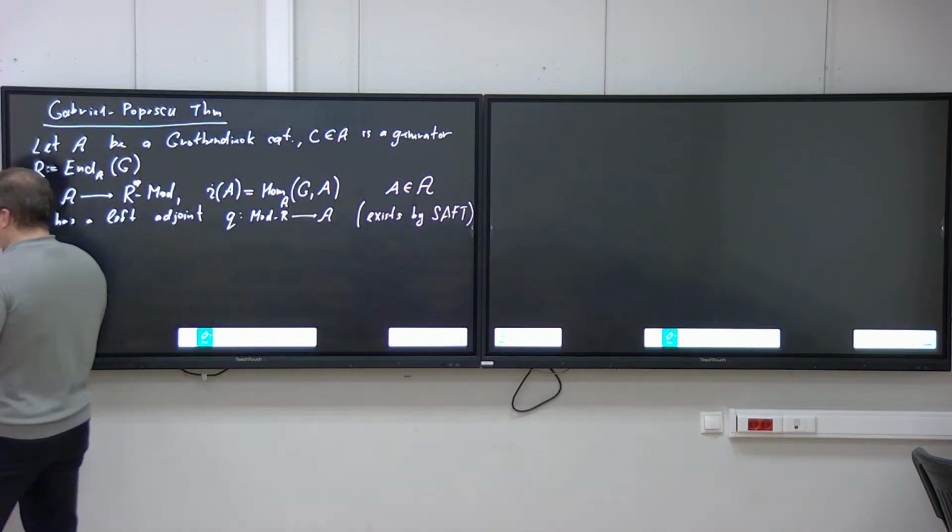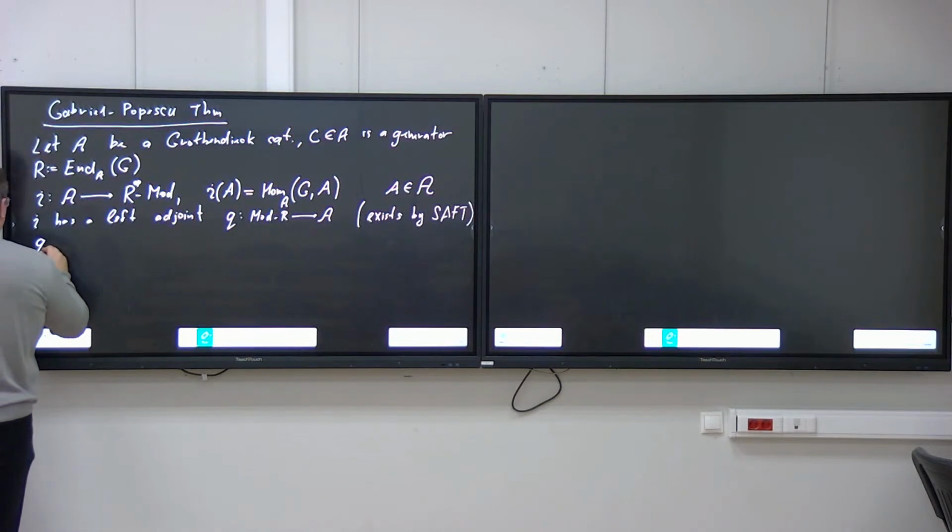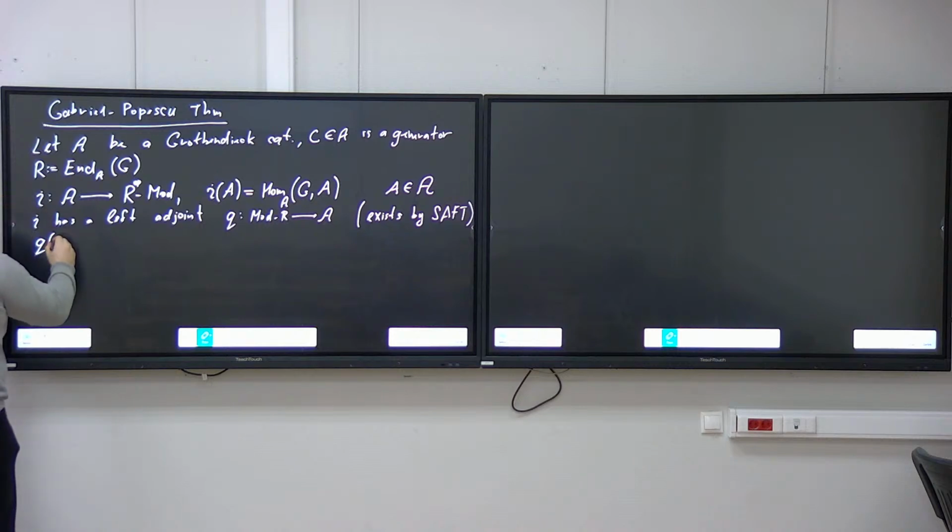You also can give this functor a formula, and you can convince yourself that this makes sense. And since this functor is a Hom functor, the adjoint functor has to be a tensor product functor.